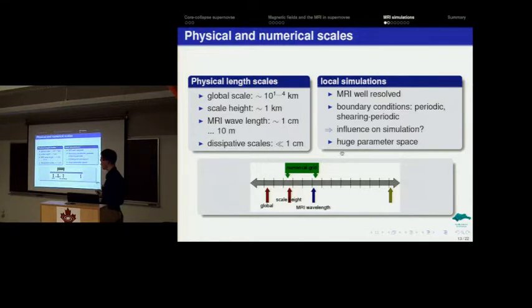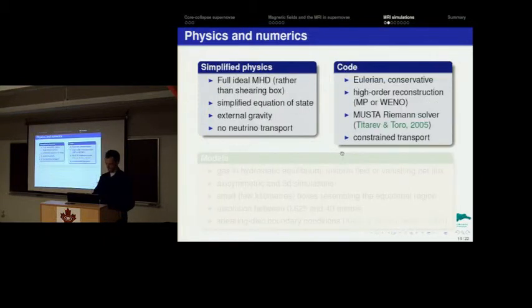In those simulations, we have done such an approach using small boxes located near the equator of an unstable region of a core, and followed those using a fine grid resolution.